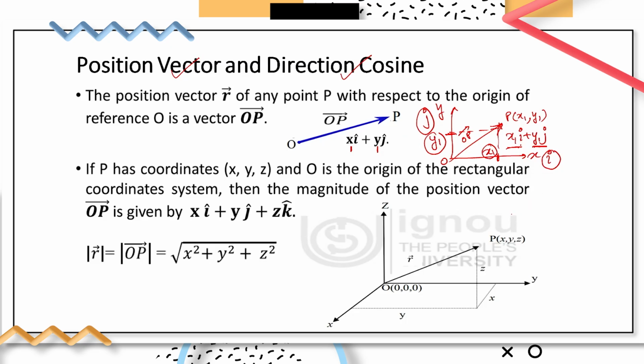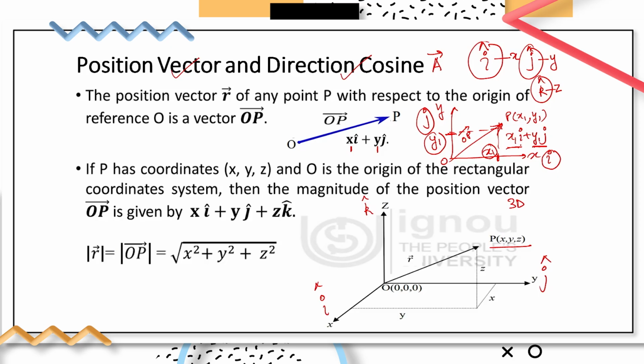Similarly, if we have this point in 3-dimensional space, then along the x-axis we have unit vector i, along the y-axis we have unit vector j, along the z-axis we have unit vector k. This is the representation of unit vectors. A unit vector is represented by an i cap and a vector is represented by an arrow. So, i is the unit vector along the x-axis, j along the y-axis and k along the z-axis.